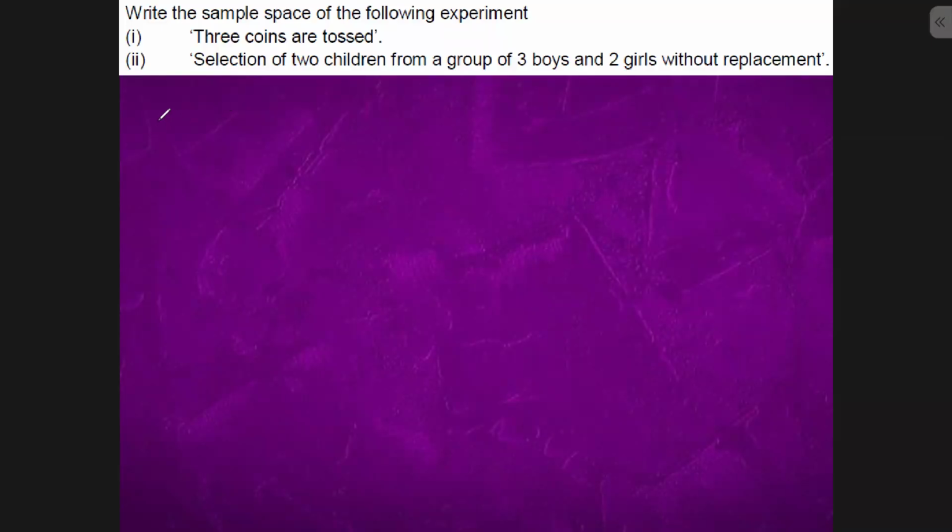So in this question, we have 3 coins tossed. So what is the sample space?